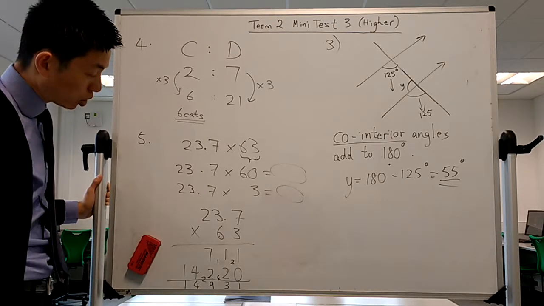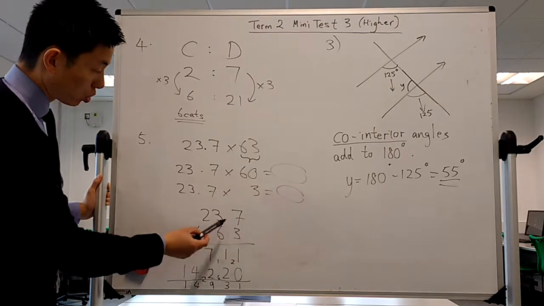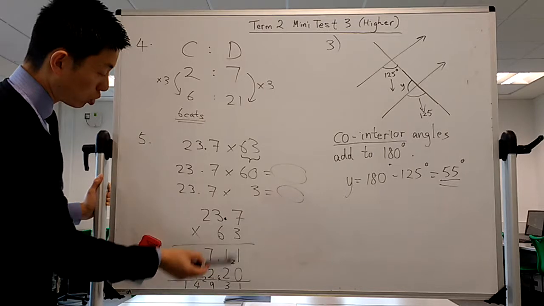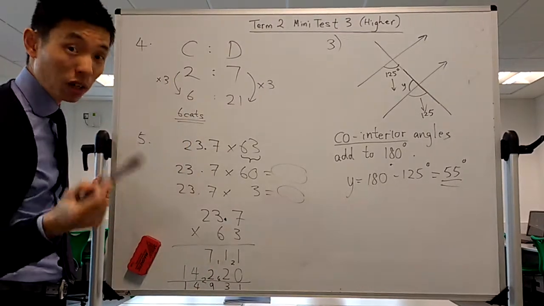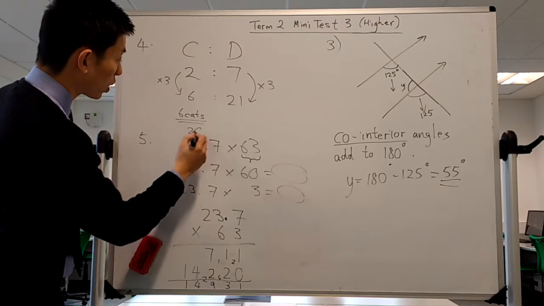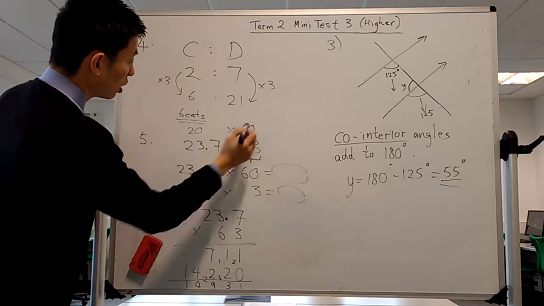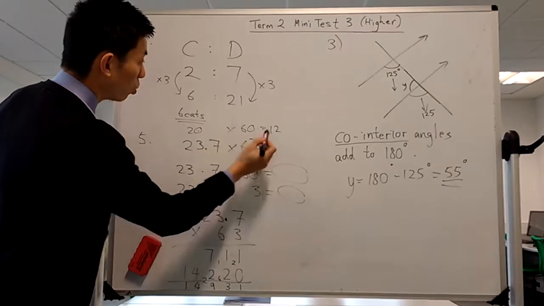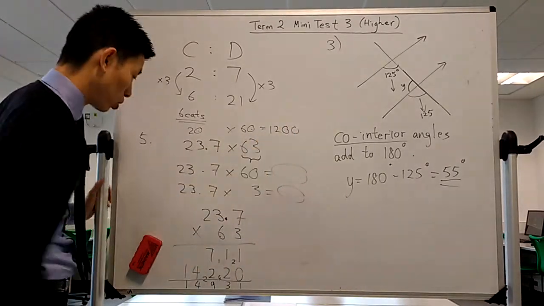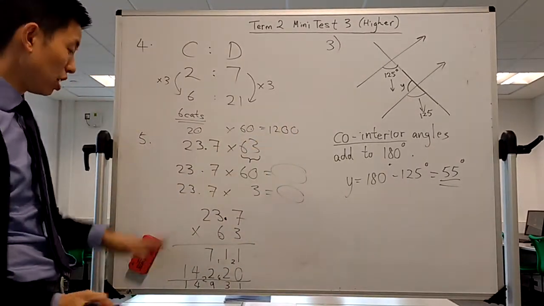Okay, what we need to do, one last thing, is to make sure where the decimal point should go. Well, using estimate earlier on, like question 1, this is roughly 20, that's roughly 60, 20 times 60, 2 times 6 is 12, add the 2 noughts, that's 1,200. So you need your answer to be near 1,200.